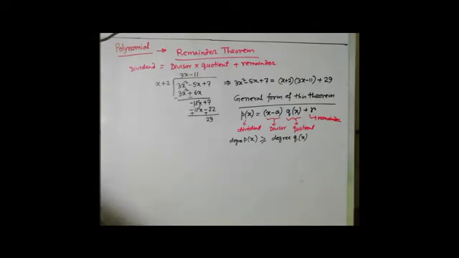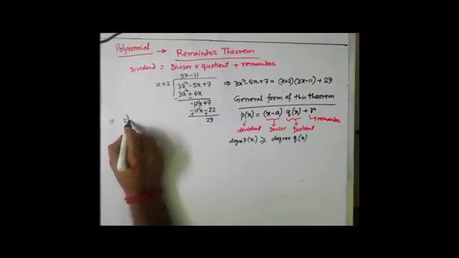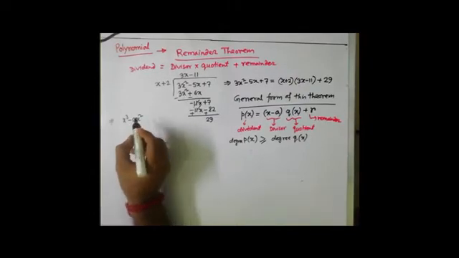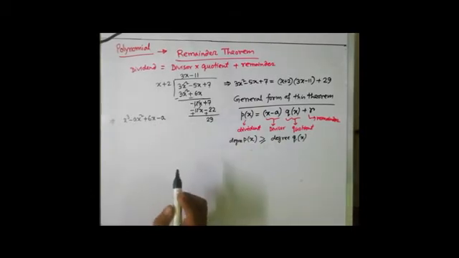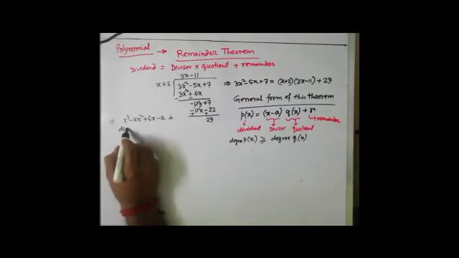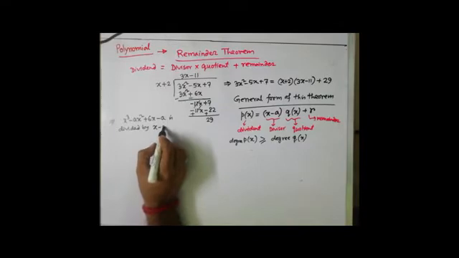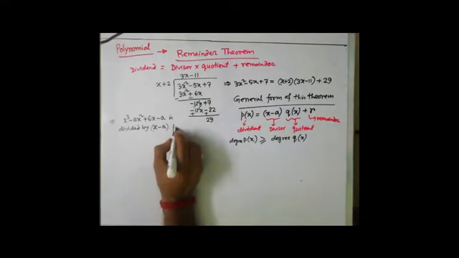So that way the remainder theorem can be used to solve different problems. Suppose one problem should be mentioned here to clear things. You are told that x cube minus a x square plus 6x minus a is divided by x minus a, and you have to find the remainder.